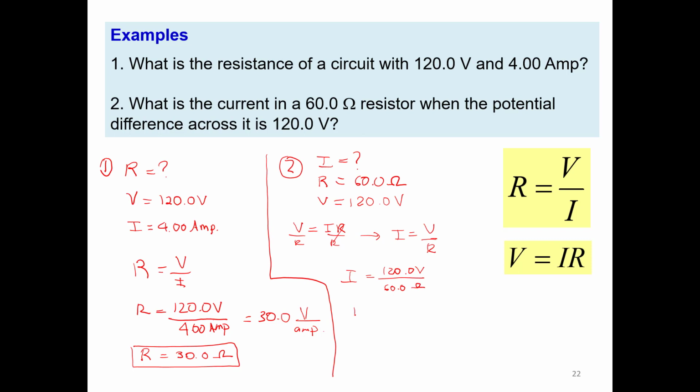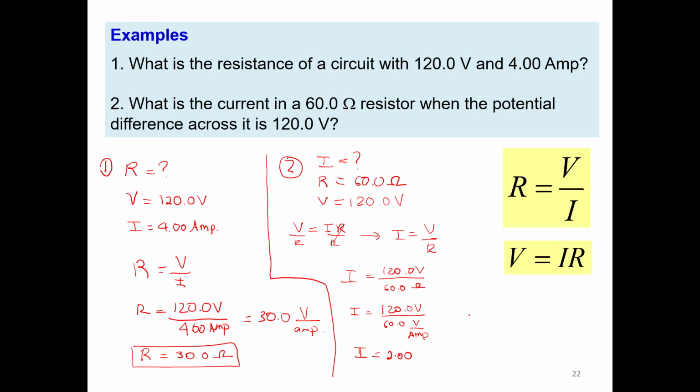We can write this as 120 volts divided by ohm, and remember ohm is volt per ampere. Then the current will be 120 divided by 60, but let's keep the 3 significant digits. Now we know the answer must be amp because this is the unit for the current.